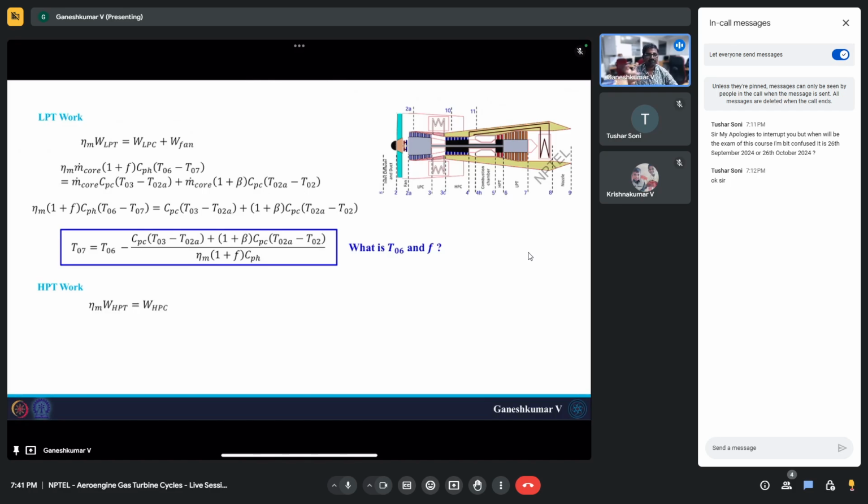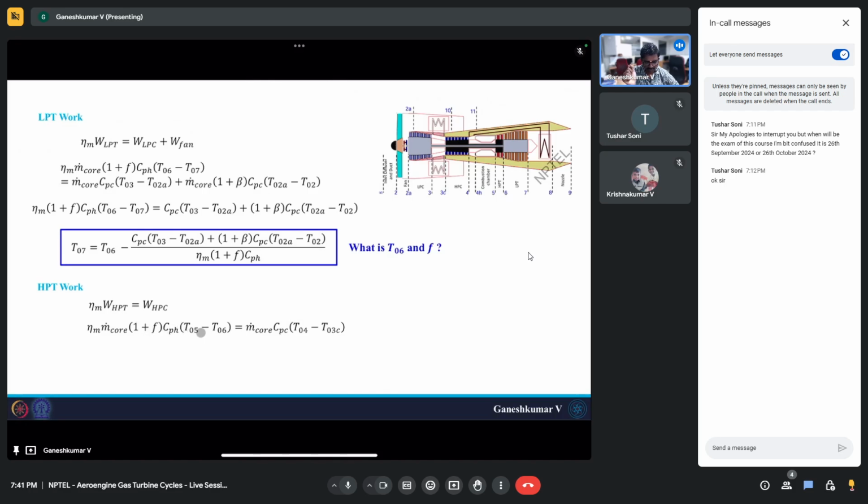So if I do an energy balance for this high pressure turbine, then I will be able to get T06. If you substitute the formulas for this high pressure turbine work balance, on the left hand side you have the work generated by the high pressure turbine. Again you have (1 + f), which we don't know.